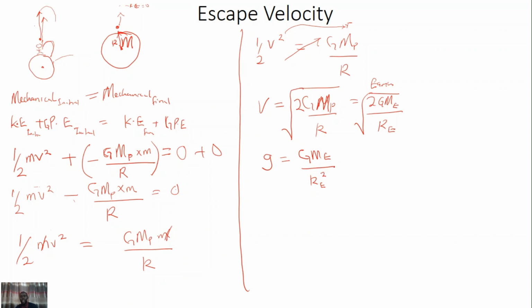So if we substitute it in this equation, since we have GMe over Re, all we need to do is to multiply it by another Re. So this will give us the escape velocity is equal to the square root of 2gRe.